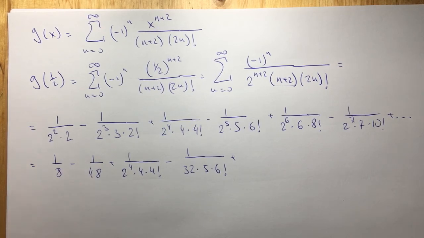1 divided by 8 minus 1 divided by 48 plus 1 divided by 2 to the power of 4, 16 times 4 factorial is 24.